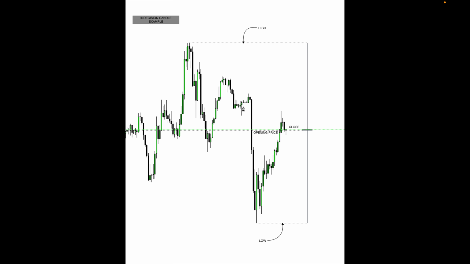And then the most important factor of this is the fact that price closed very close to its opening price. That's why price was this choppy, and then it formed this ugly candle.